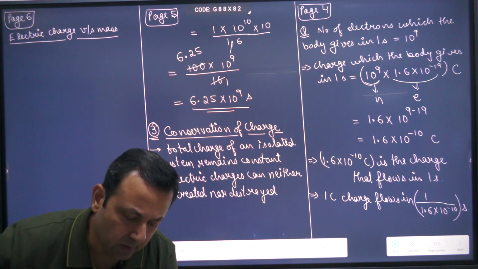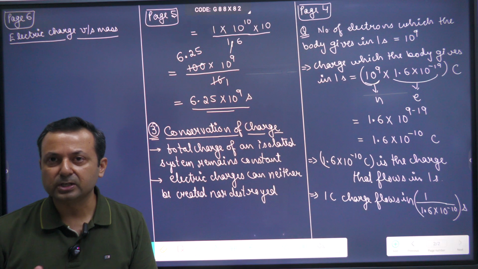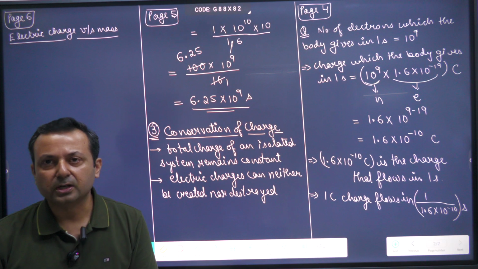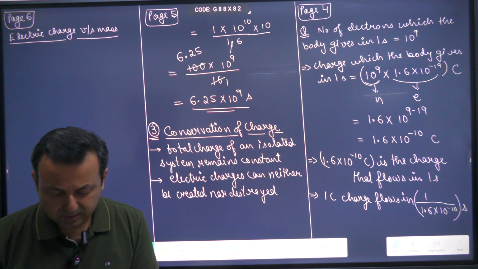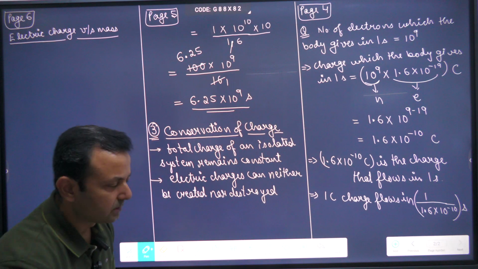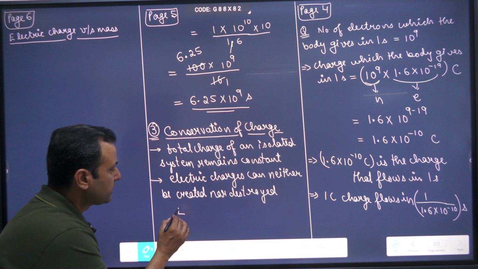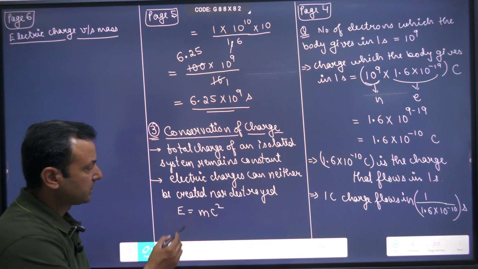Now, let's move on to the fourth point. Charge is strictly conserved, which means charge cannot be created nor destroyed. Do you know why the mass of a body increases with its speed? There is a relation between energy and mass.